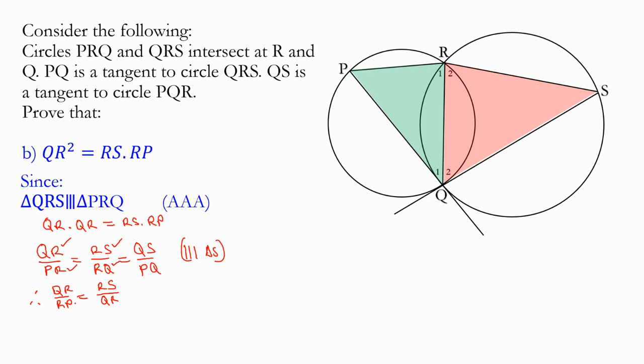So QR times QR is equal to RS times RP, which is QR squared is equal to RS times RP. We're done. We're going to meet in our next lesson. Goodbye.